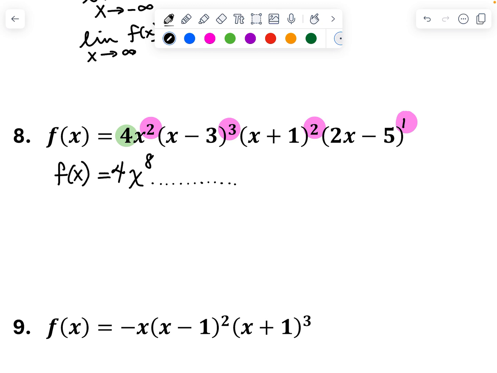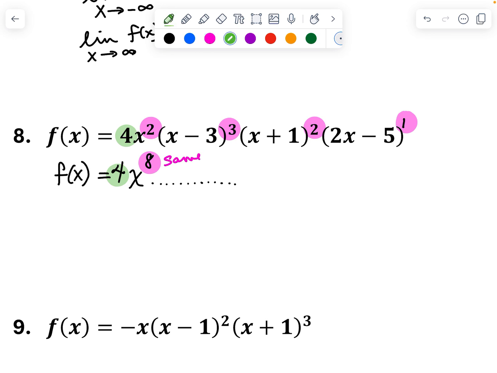Again, I just added the pink powers together and got 8. 2 plus 3 is 5, plus 2 more is 7, plus 1 more is 8. And then I wrote down the number that's in front. So the number that's in front is a positive number. So if it is even, they're going to be going in the same direction.